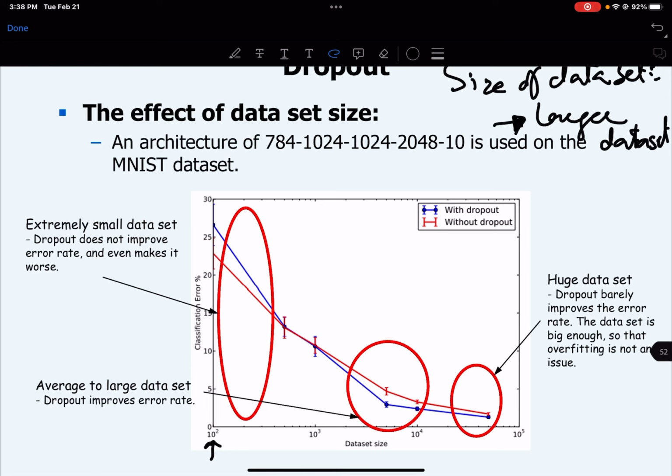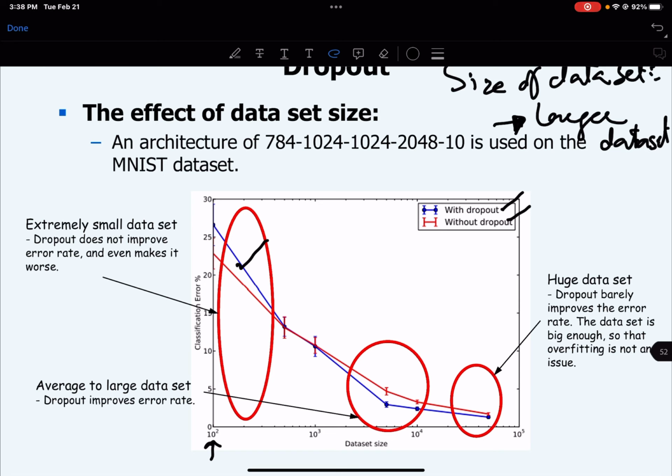So we can see that without dropout you have the red line, and with dropout is the blue line. We can see here the classification error is greater in the case of a very small data set.